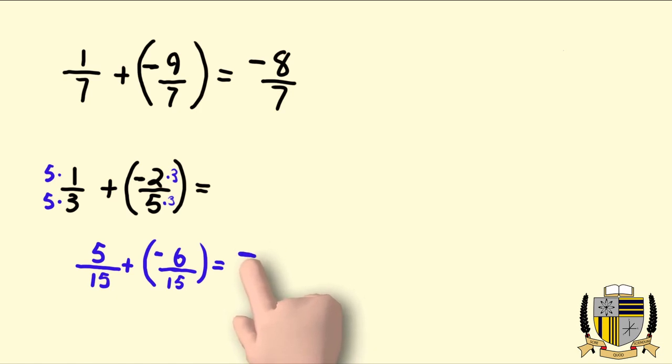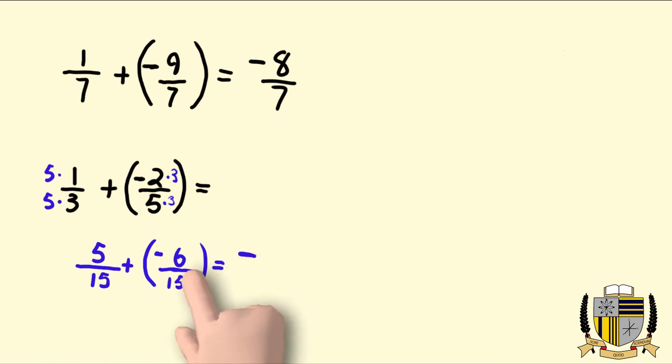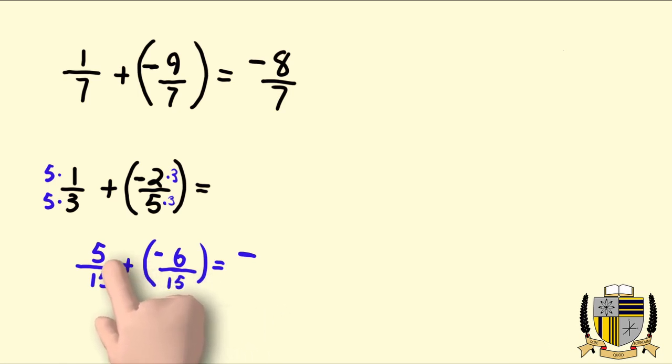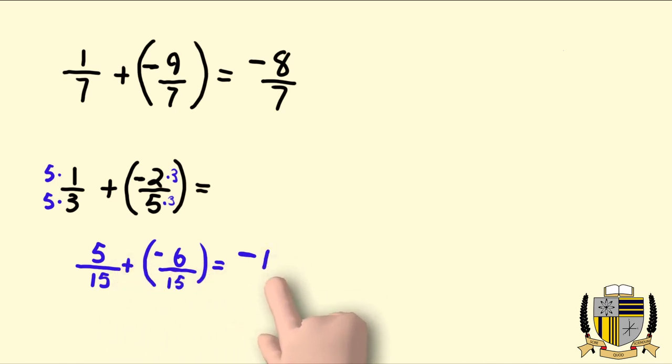Remember, that determines the sign, and then I have to find the difference between them, and that's going to be my answer. So the difference between 6/15 and 5/15, which is 6/15 minus 5/15, is 1/15, and that's the answer.